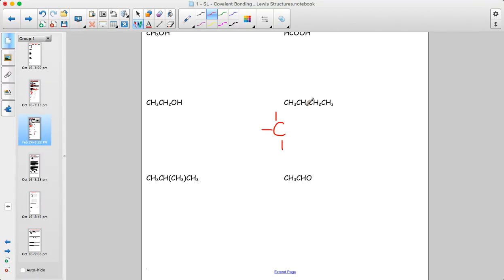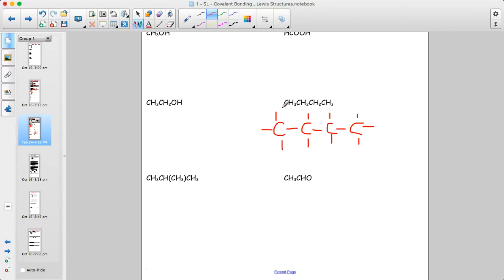And then I see a CH2 comes after that. So I know the carbons are going to be attached. So there's the C of the CH2. So here's the H2, one hydrogen off each side. That's connected to a CH2, so there's CH2, and that's connected to a CH3. And for the sake of time, I won't draw in the hydrogens, but they would be required.